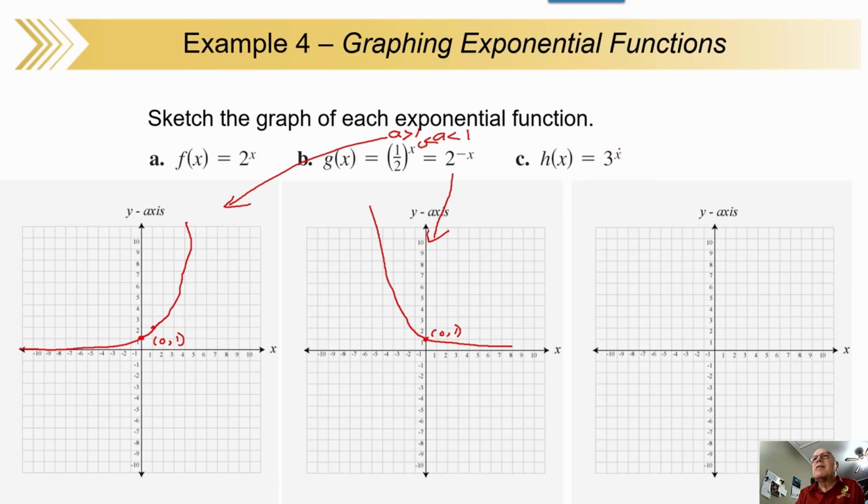And as I said, this one, remember, still goes through 0, 1. Since this is greater than 1, we can rough this in. Well, this isn't very good, sorry. Something like this. And asymptotic to the x-axis in this direction.